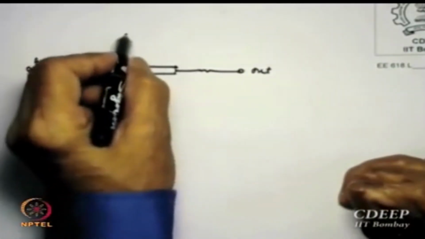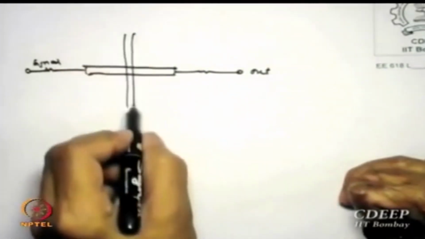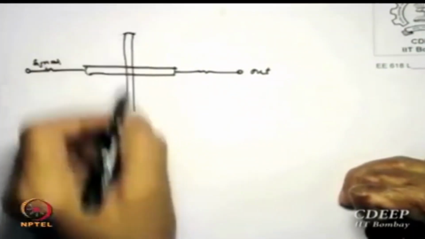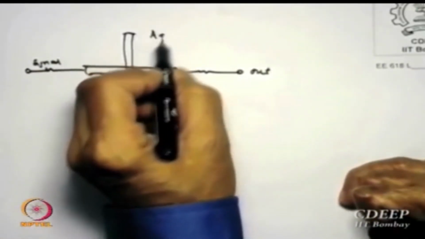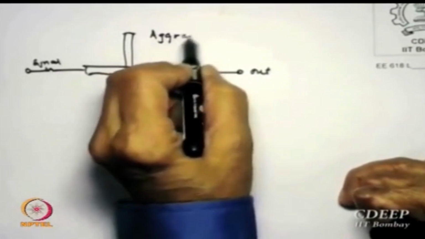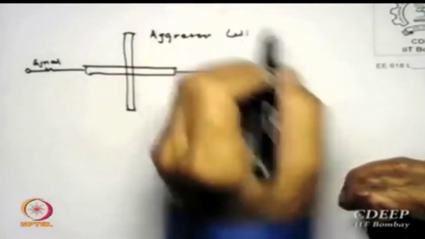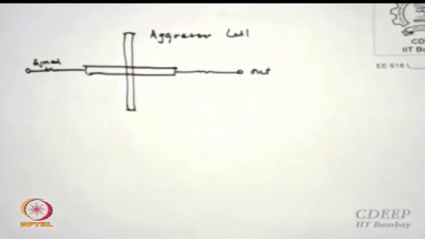Let us say there is another interconnect which is across, which in our terminology is called an aggressor cell, or aggressor interconnect.